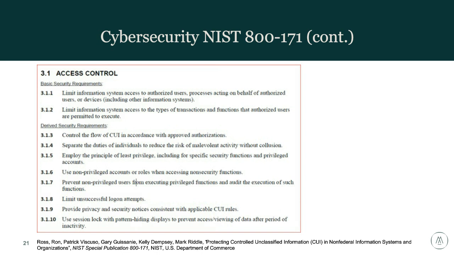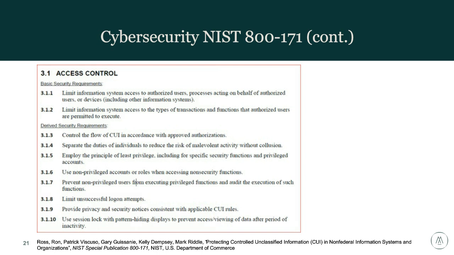You have to do it in a timely manner, of course. Access enforcement: what do you give people in terms of utilities, in terms of access to network components, that kind of thing. Remote access, as you can imagine these days, not only are we talking about Wi-Fi, we're talking about mobile devices, teleworking, remote protocols, IoT, you name it, we have it. How do you control that?